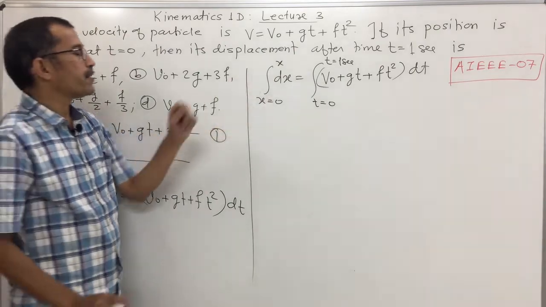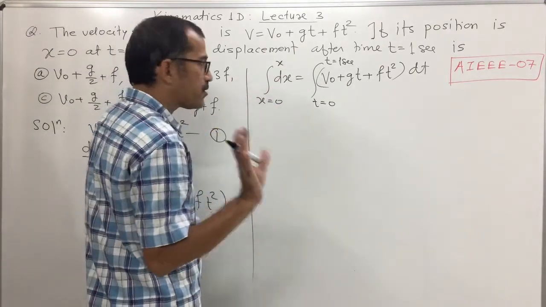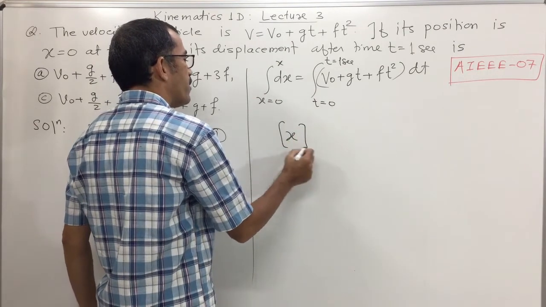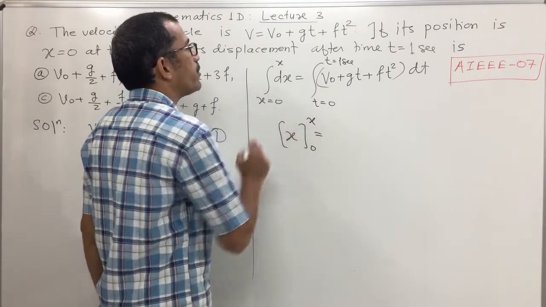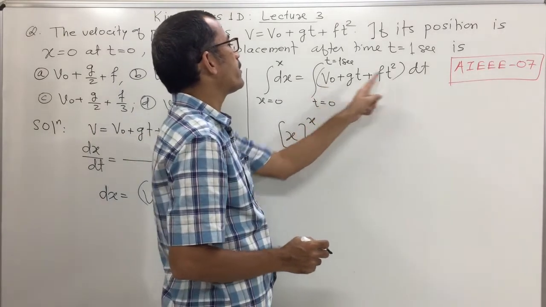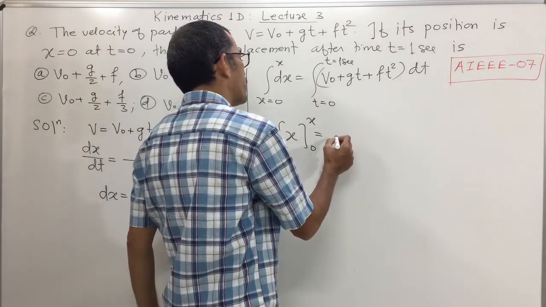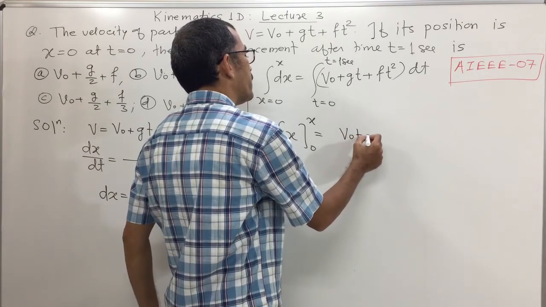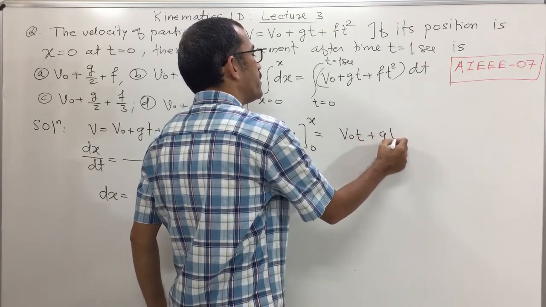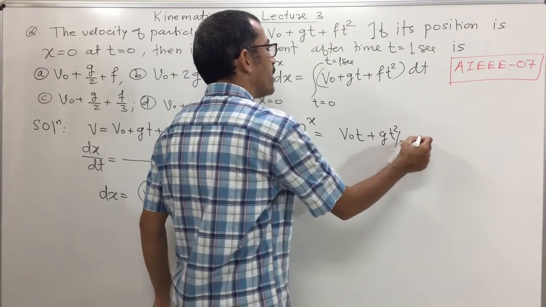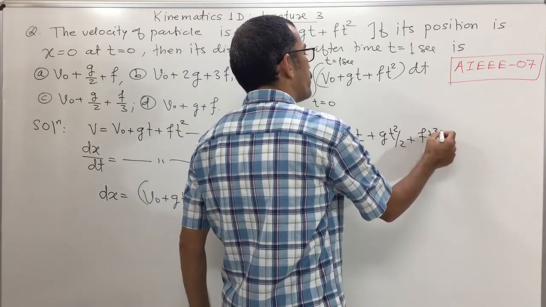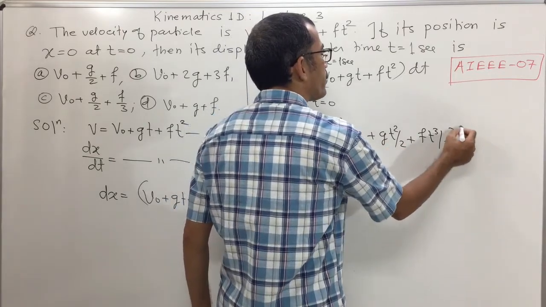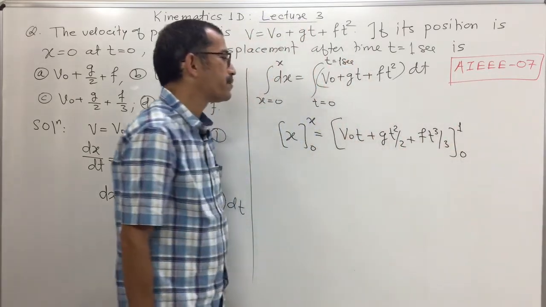Simple. If you integrate it, not differentiation, sorry, the integral of dx is what? x, varies from 0 to x, equal to, now integral of v naught with respect to time, v naught t plus gt square by 2 plus ft cube by 3, varies from what? 0 to 1 second limit.